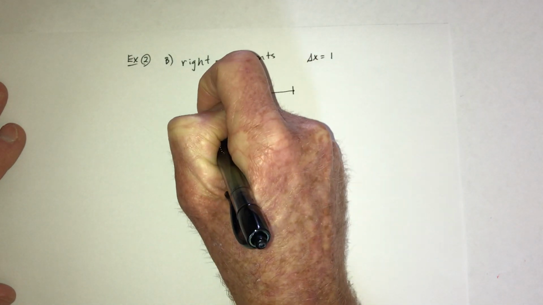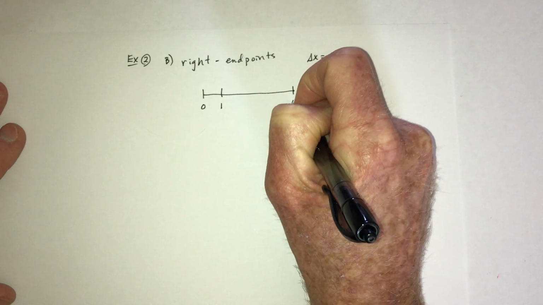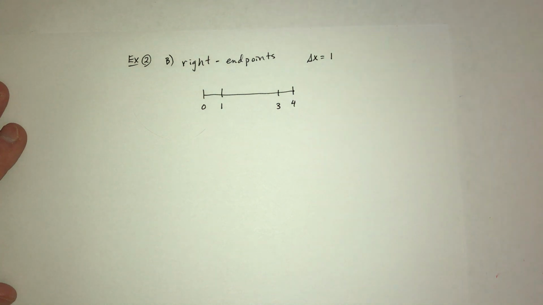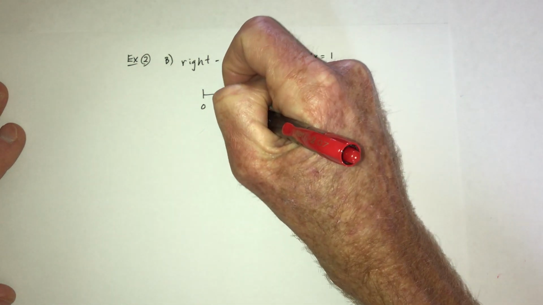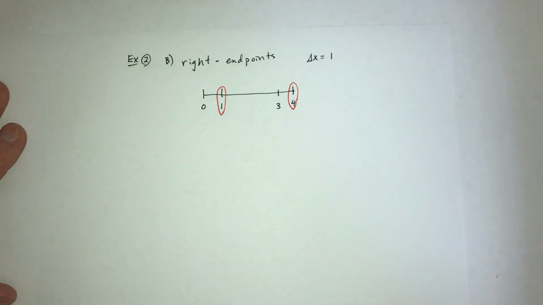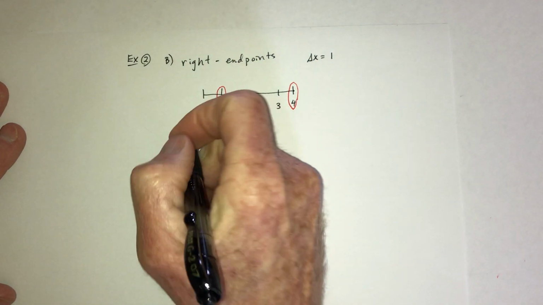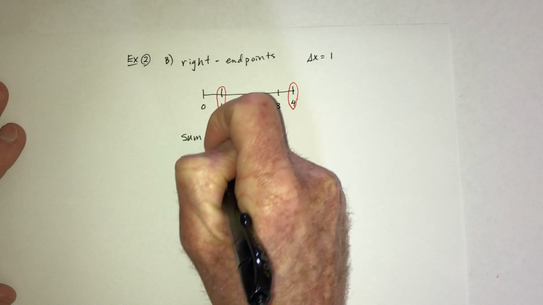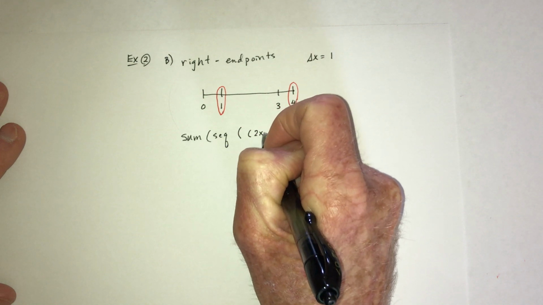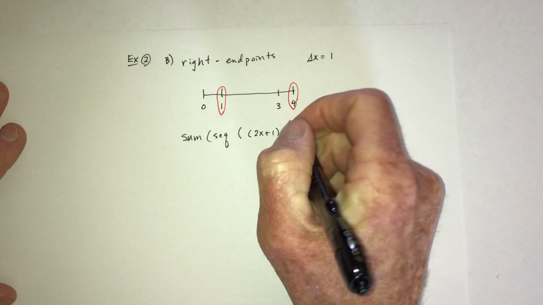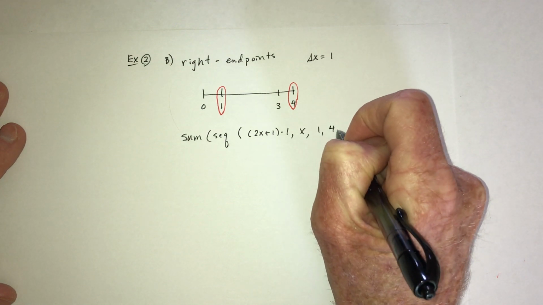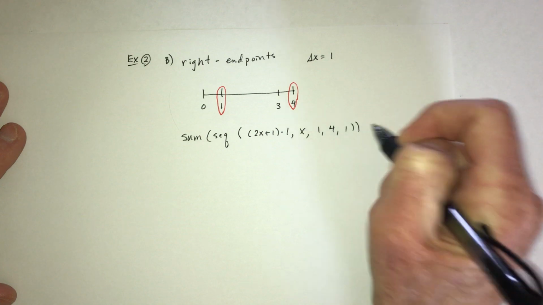So that means that the interval starts at 0, goes to 1, and the last interval is from 3 to 4. And then use the right side of that, so it's going to start at 1. Use the right side of that, so it's going to stop at 4. So then it'll be the sum, sequence, then the height is 2x plus 1, the function, times delta x, and then x goes from 1 to 4, and the last part is delta x.